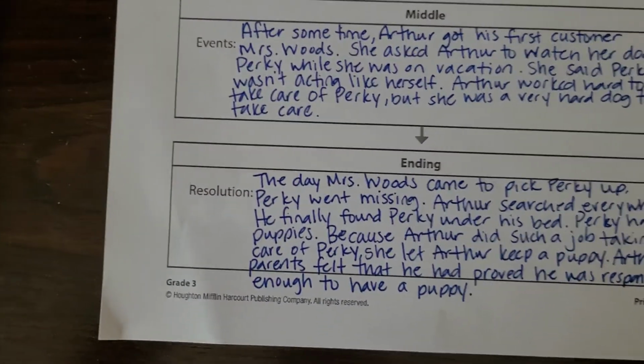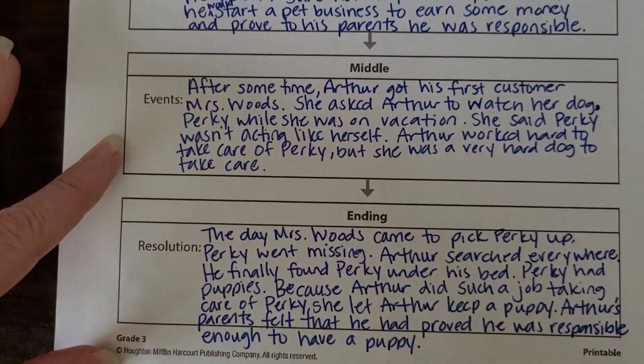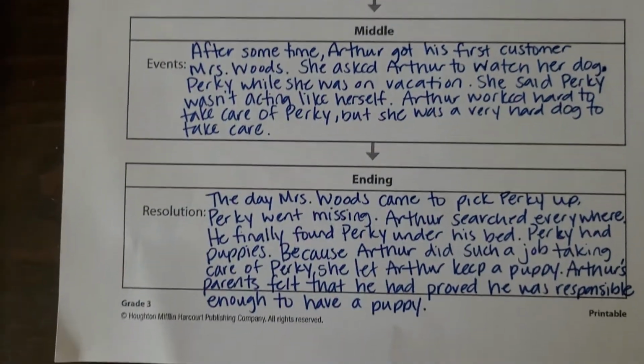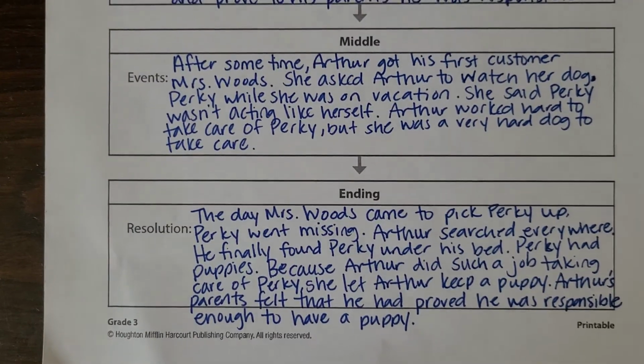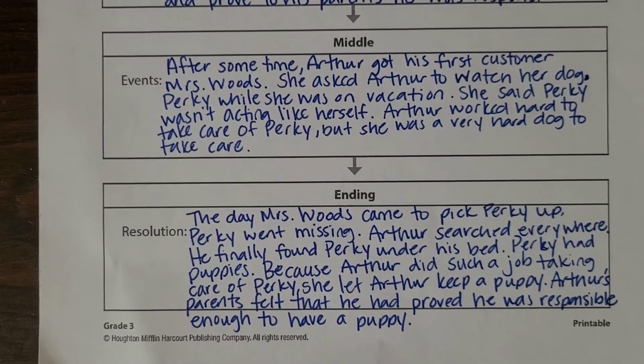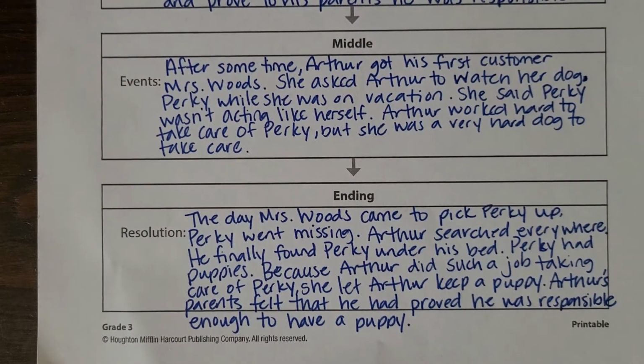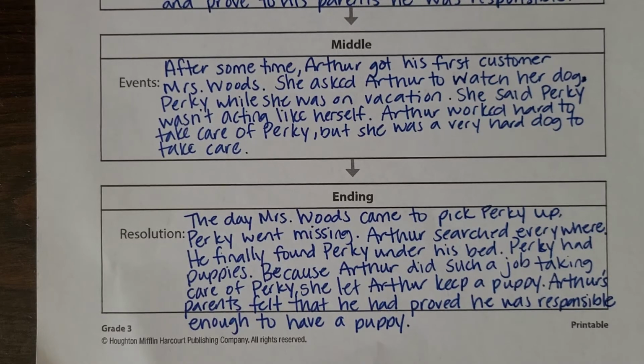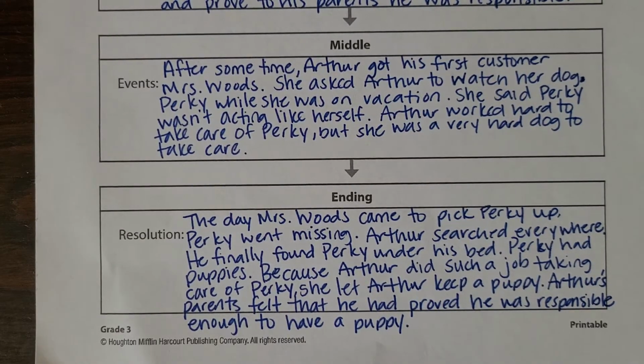Now we're going to go to the resolution. The resolution is how the story gets summed up, the problem gets solved, and everything gets taken care of. The resolution started the day Mrs. Wood came to pick up Perky and Perky went missing. Arthur searched everywhere. He finally found Perky under his bed. Perky had puppies.